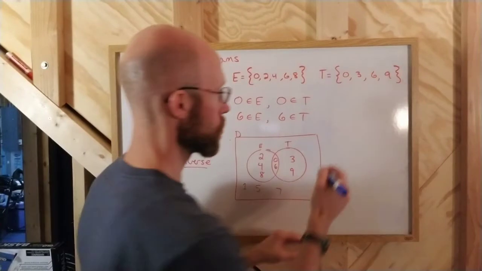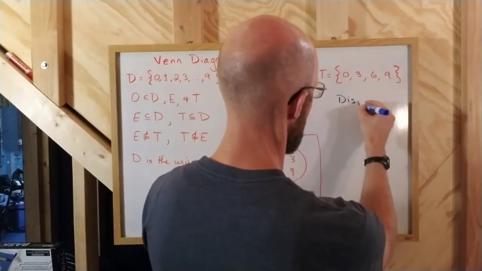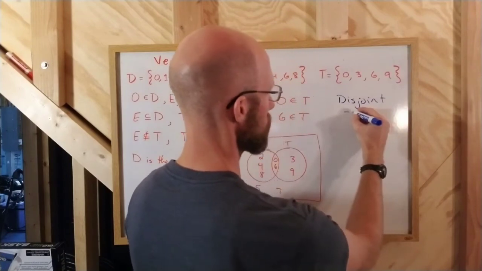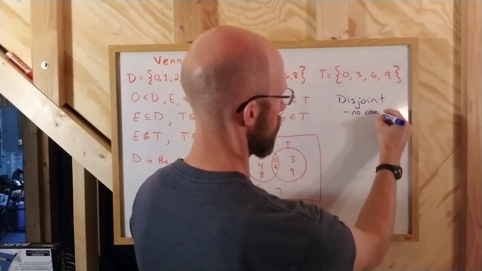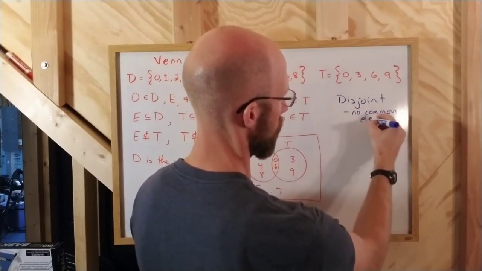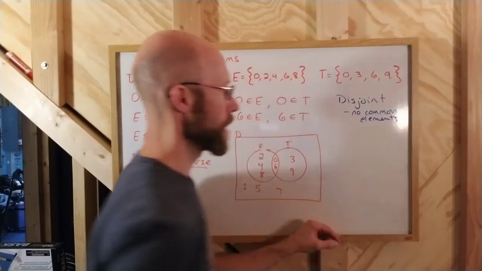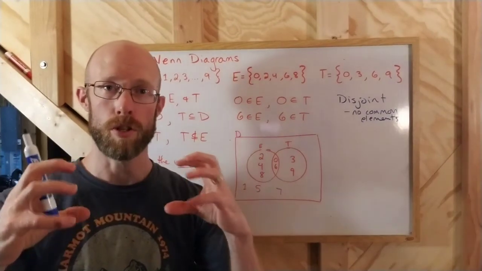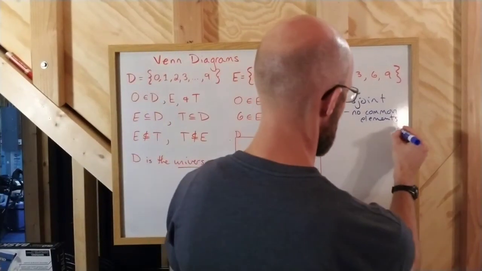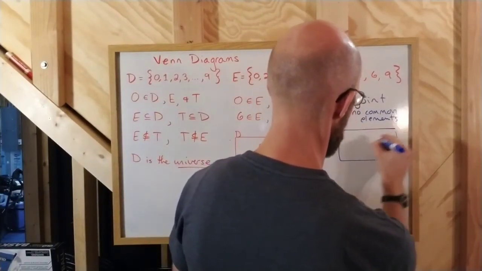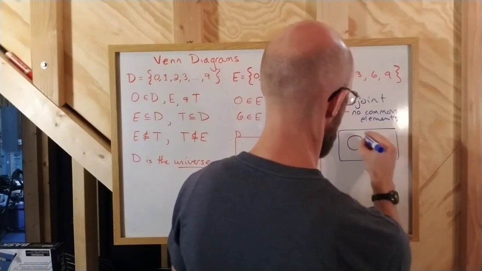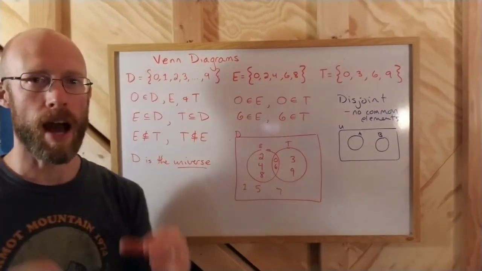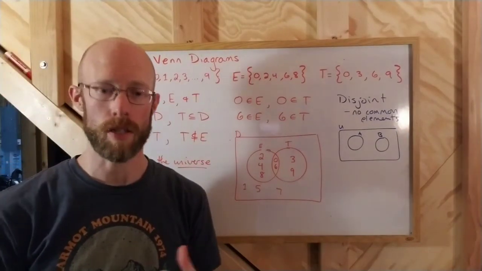Basically that means there are no common elements. In that case, you would have a Venn diagram where the 2 shapes don't overlap. So you might have set A, set B, and the universe, not overlapping. That would be disjoint sets.